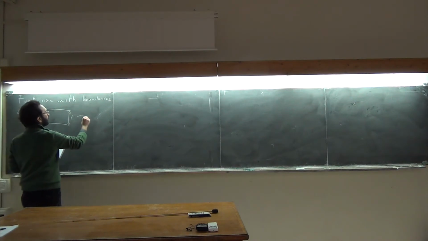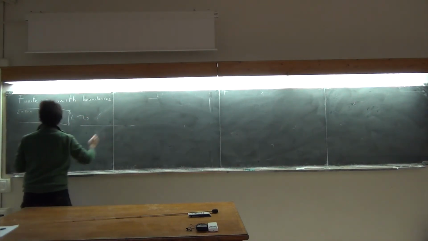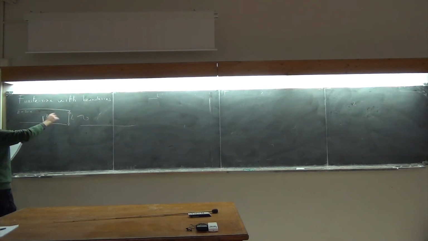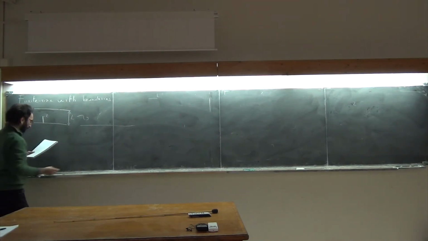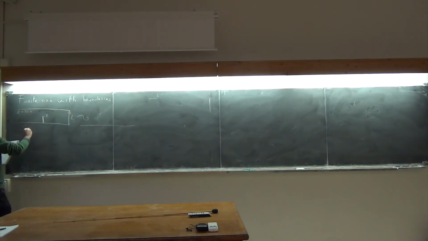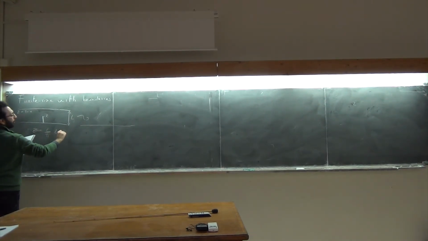Again, I can map this into the upper half plane, where half of this is on one side, and the other half is on the other. The transformation that does this is just z equals L over pi log w.